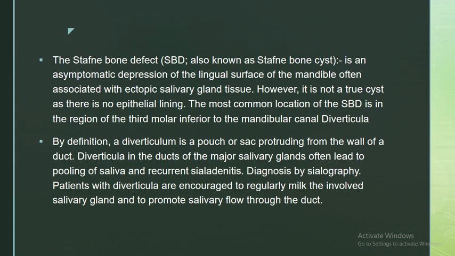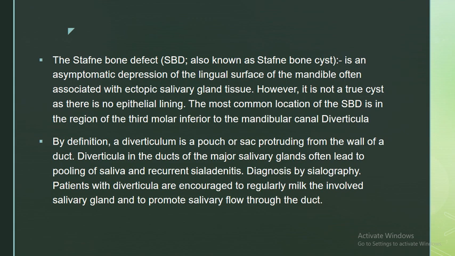However, it is not a true cyst because it has no epithelial lining. The most common location of the Stafne bone cyst is in the region of the third molar, inferior to the mandibular canal. Diverticulum: by definition, a diverticulum is a pouch or sac protruding from the wall of the duct.